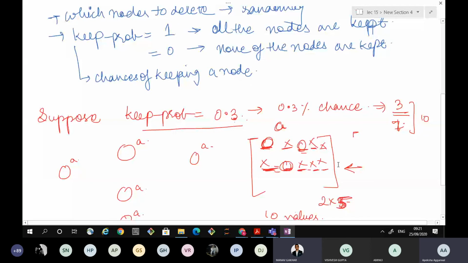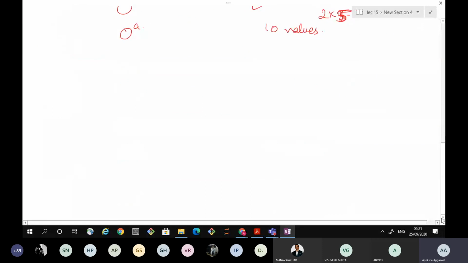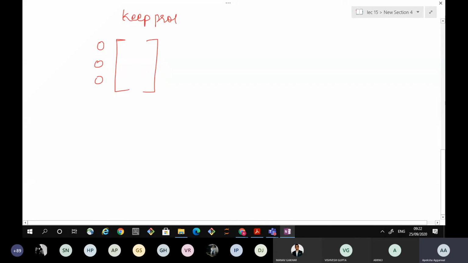Actually what happens is, suppose I have a layer, I have some values. This is my matrix of activations for three nodes, suppose. I have set the keep probability to 33%, or maybe 0.33.